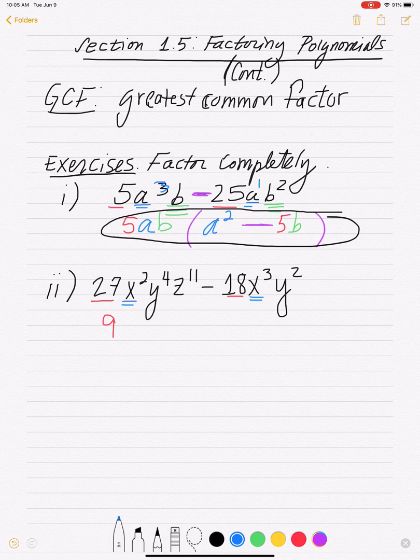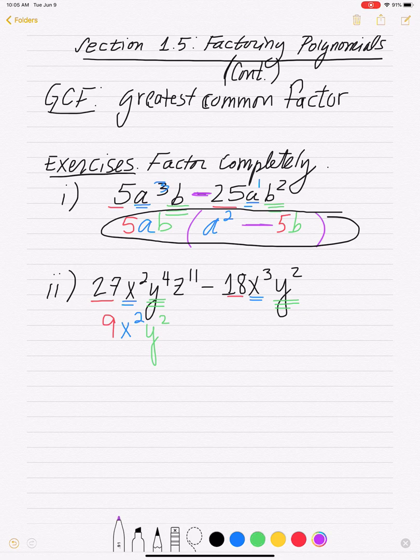So we're going to take x squared, the smaller of the two powers. Then for the y terms, y to the fourth and y squared, we're going to take the smaller of the two powers, y squared. They don't have a z in common. The first term has a z, but the second term does not, so there's no z in common, and we're not going to take a z out.